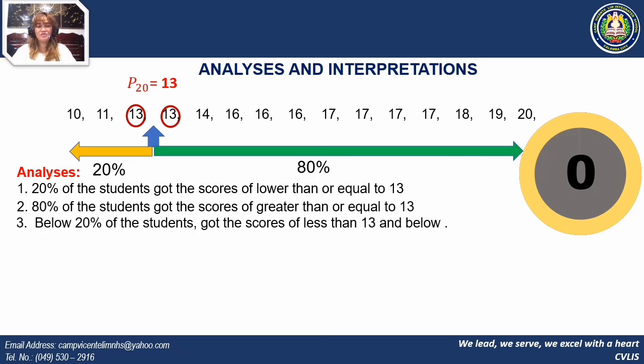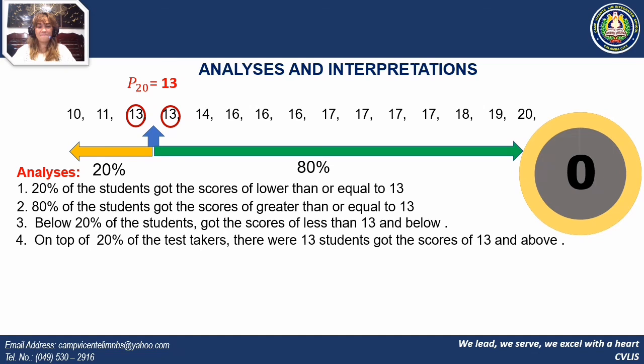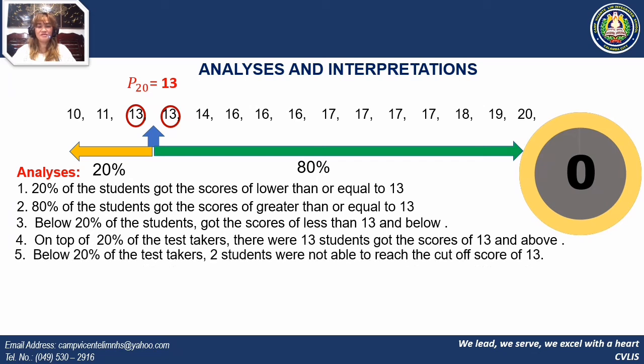Below 20% of the students got scores of less than 13. On top of 20% of the test takers, there were 13 students who got scores of 13 and above. Below 20% of the test takers, 2 students were not able to reach the cutoff score of 13.